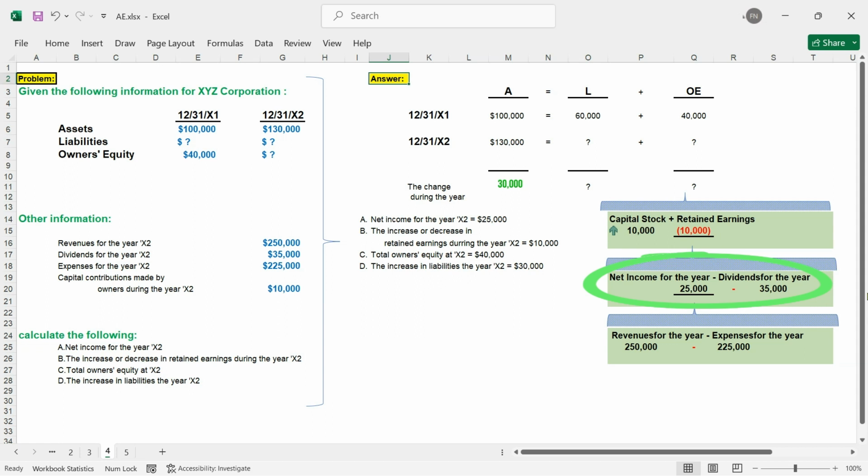Because can you pay out more dividends than you had earnings? What do you think? Can you pay $35,000 of dividends when in fact you only had net income or earnings for the year of $25,000? Is there a problem here?